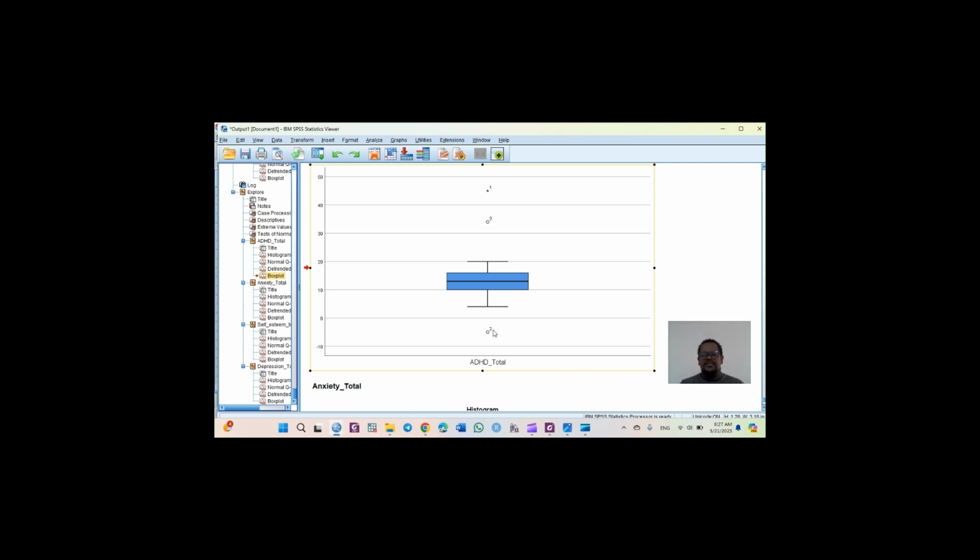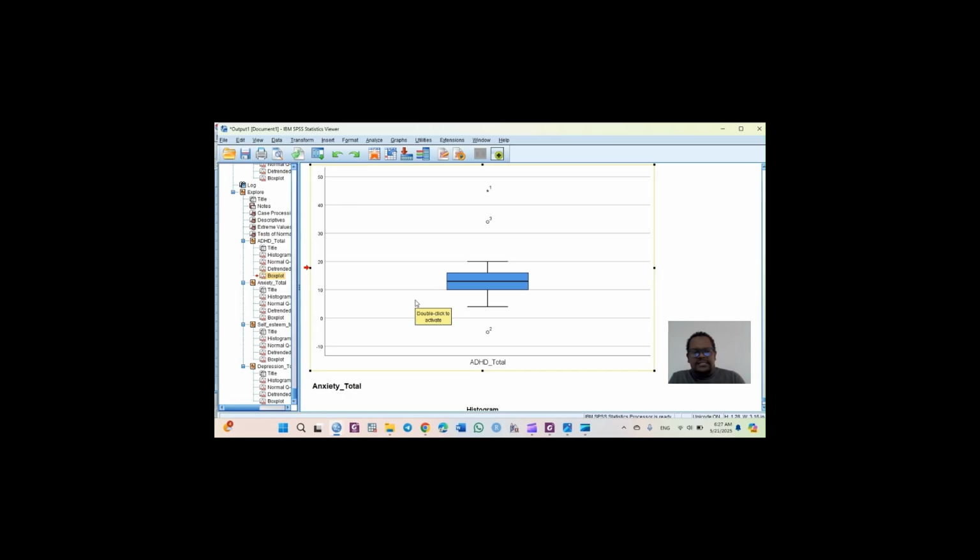The second is completely removing or deleting that case. And the third one is assigning the largest or the smallest value in the dataset and keeping these observations. This is all about normality checking.